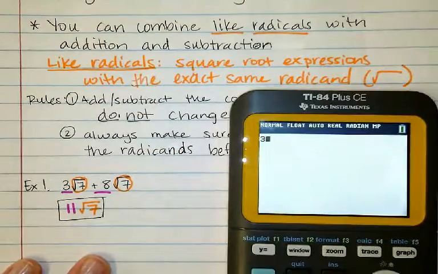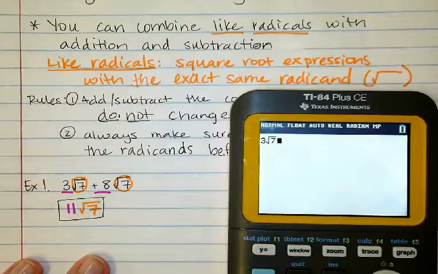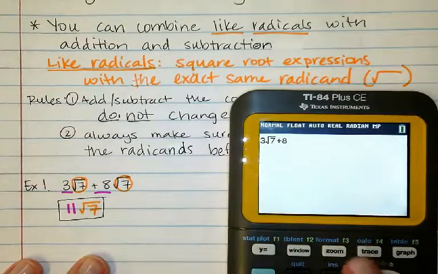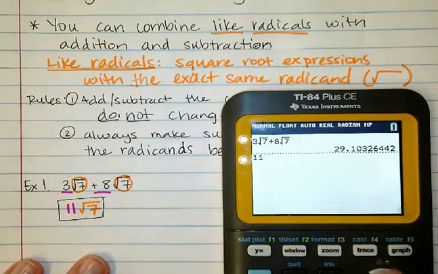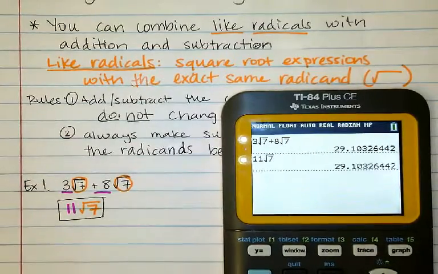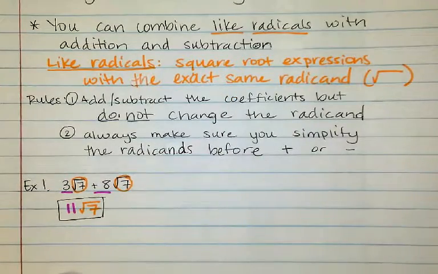You can say 3 times the square root of 7 plus 8 times the square root of 7. And it's going to give you a really nasty looking irrational number. And that's the exact same thing as 11 times the square root of 7. So you can always check the problem you're given with the answer that you get, to make sure they match. So that right there is a good example.